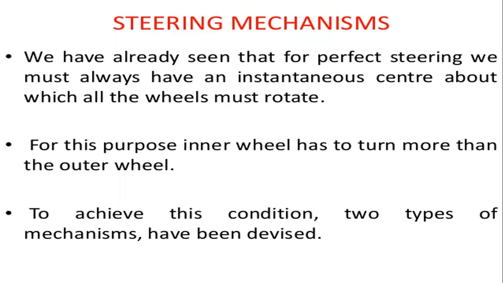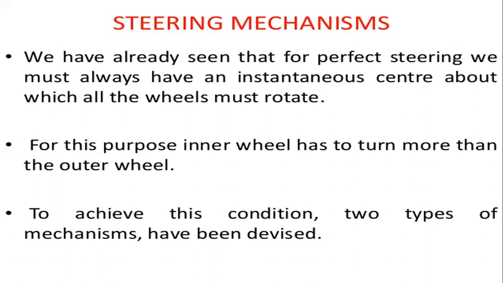In these steering gear mechanisms, we have already seen that for perfect steering, we must always have an instantaneous center, that is capital I, about which all the wheels must be rotated. So the wheels, that is the front axle and the back axle wheels, have to be rotated about the instantaneous center.